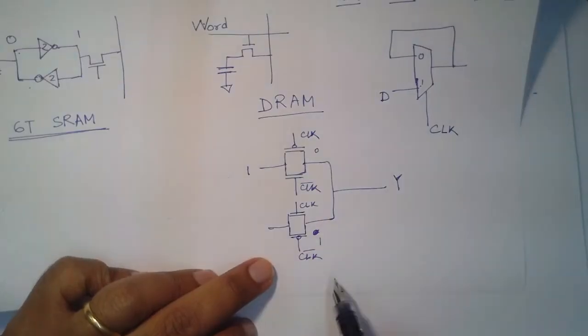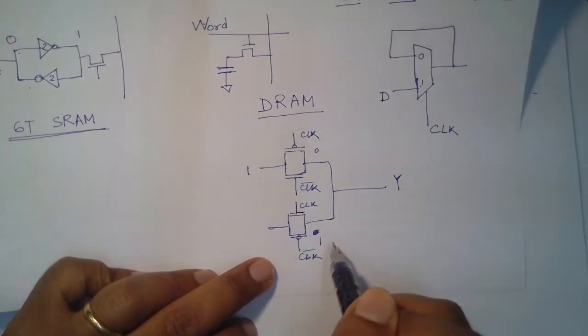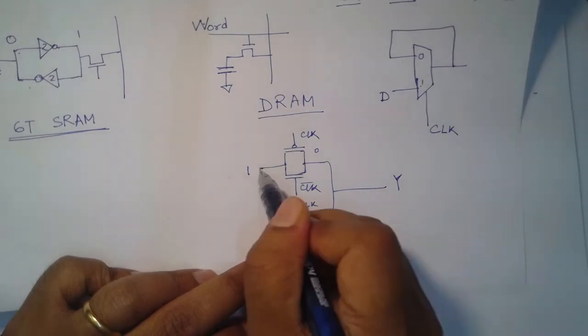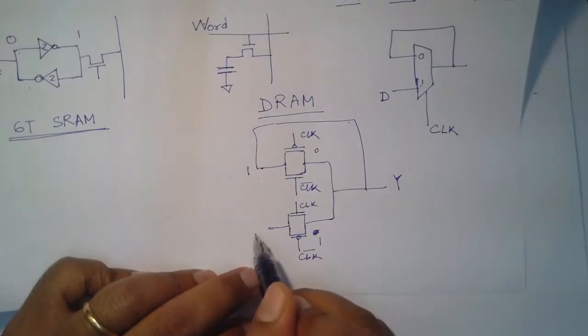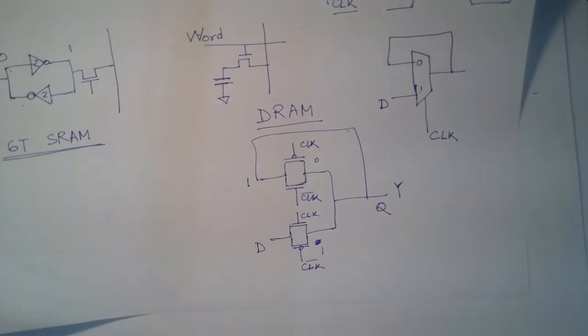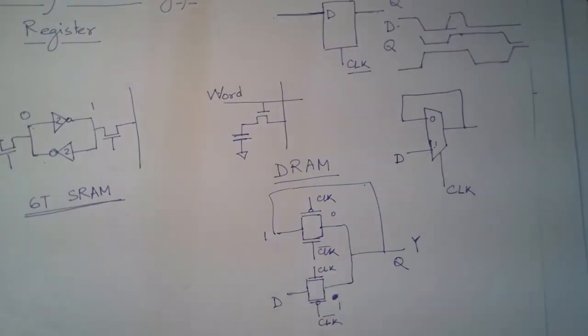Now, to convert this 2 to 1 mux into a latch, you need to make the connections like here. You have to connect the output to the input in this feedback, and this is your D, and this is your Q. So, that is how you can implement a latch. You see that for a latch there are basically only 4 transistors, but there is a catch.